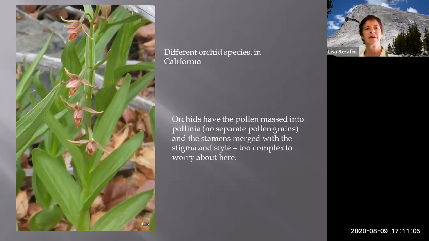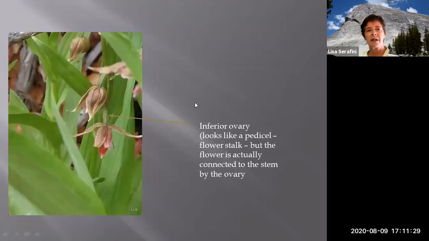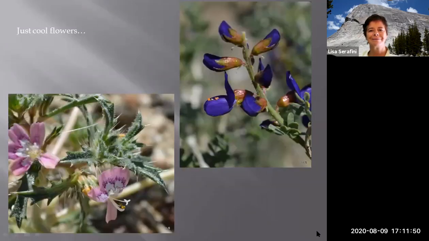It's all massed together. And so this packet, this pollinium, is carried from orchid to orchid, usually by bees, oftentimes very specialized bees for the orchids. And again, I already mentioned that the stamen and the stigmatic surface and the styles all merge together into what's called a column in the center of the flower, and that leads back to this ovary. And just one more picture of the inferior ovary.